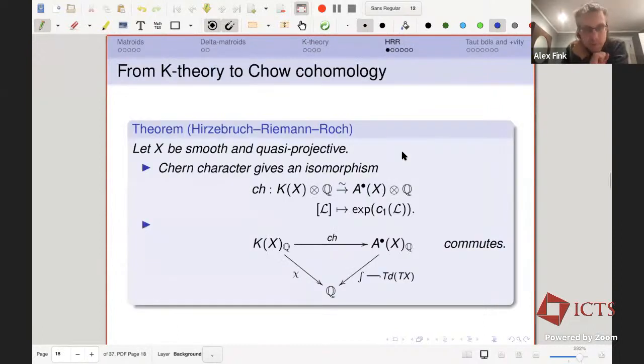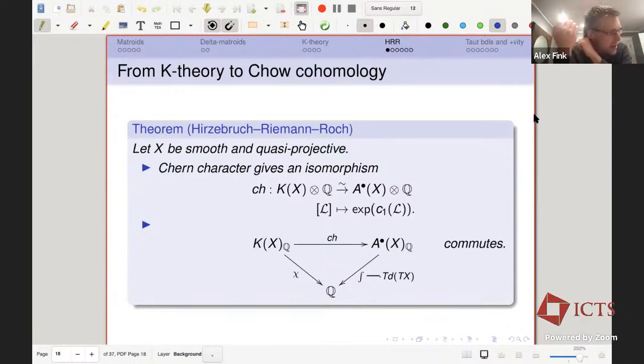So yes, as I was saying, what I want to do is relate the polytope algebra to tropical intersection theory. As I said, the polytope algebra by Morelli's theorem is K-theory of toric varieties. Tropical intersection is Chow cohomology of toric varieties. And how can we pass between them?